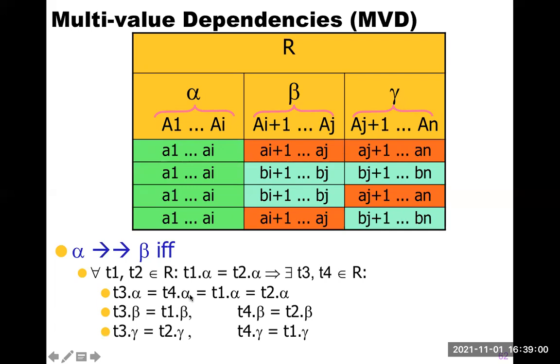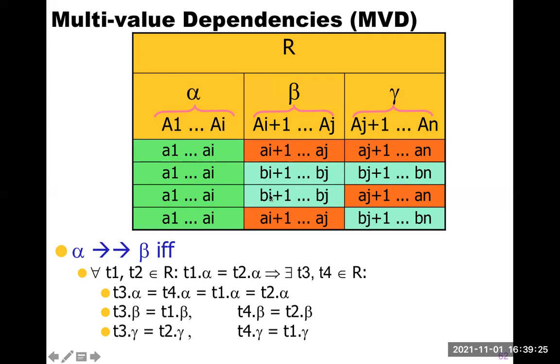So alpha in all four tuples is the same: T3 alpha equal to T4 alpha, to T1 alpha, and to T2 alpha. All the records have exactly the same value combinations. And T3 beta equals T1 beta. So T1, T2, T3, T4.